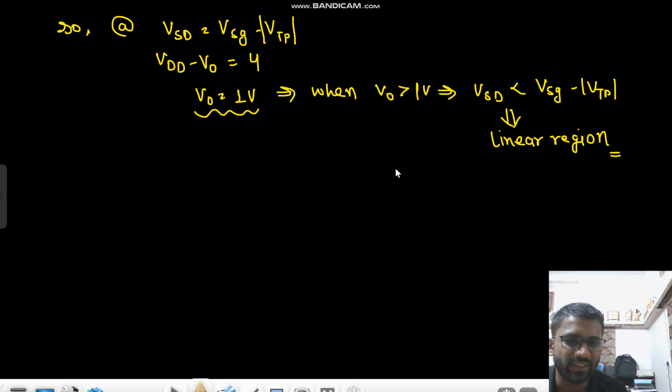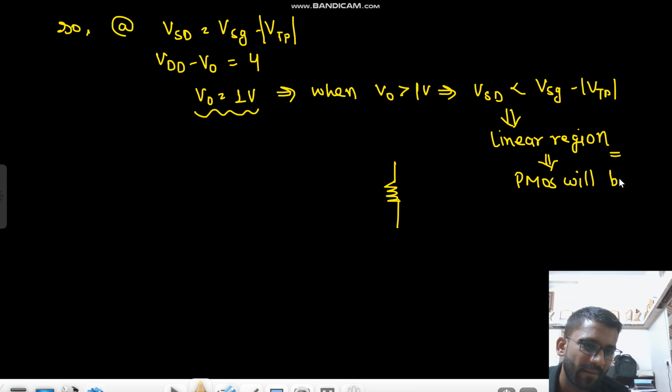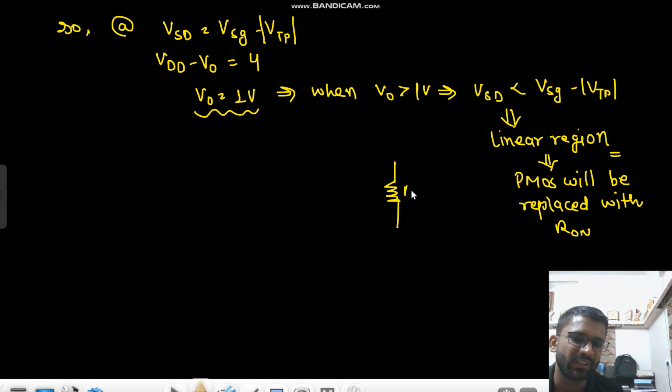And if we are moving towards the linear region, that means PMOS will be replaced with some R ohm value, and this is VDD, and no comments about NMOS because it is still off, right? So this is V naught.